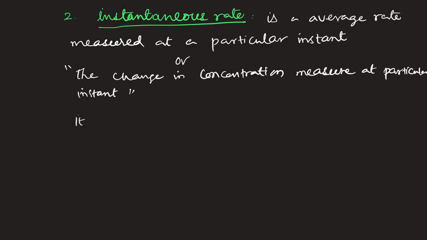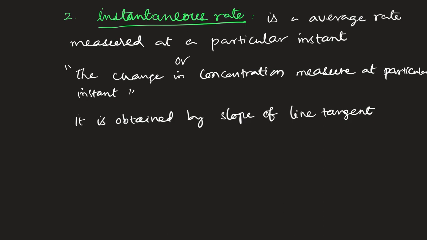It is obtained by the slope of the line tangent to the curve. This curve is drawn concentration versus time. This is how to obtain this instantaneous rate.